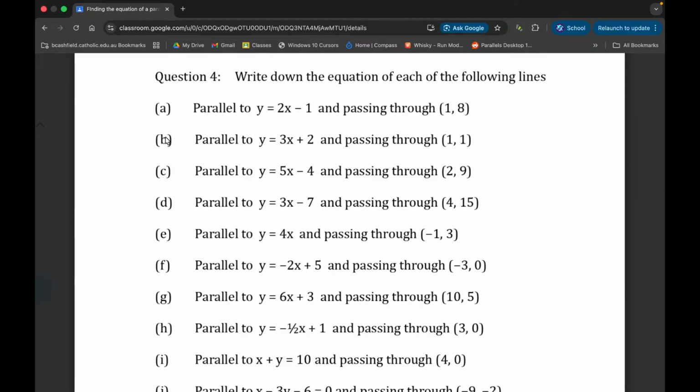Do I have to watch that video again? I don't understand finding the equation of parallel lines. I understand it to a certain degree. Parallel, I know it's all gradients. I understand the gradients. It's only when it comes to the y-intercept that I really struggle.